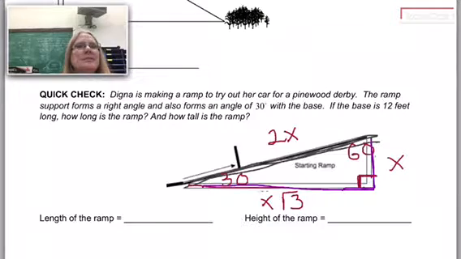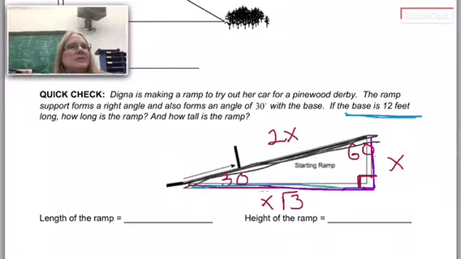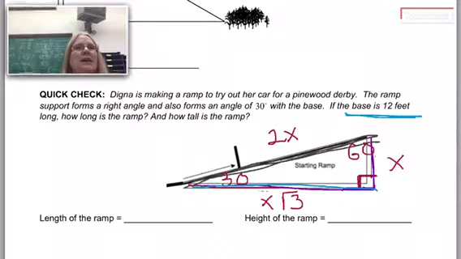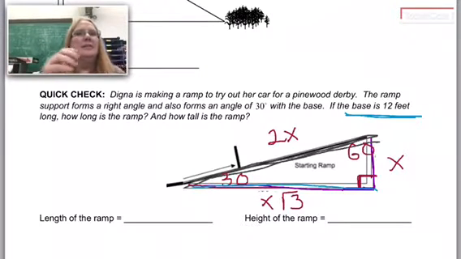Now, let's look. If the base is 12 feet long, so this is the base, okay? And how long is the ramp itself? Oh, I'm sorry.